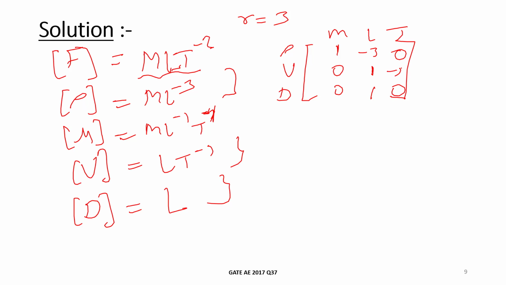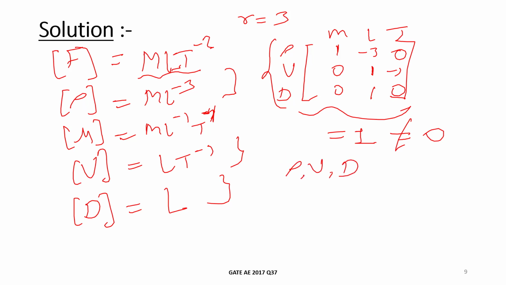So we write a matrix of all the powers of M, L, and T for all the three variables which we are choosing. If we find the determinant of this matrix, it will be equal to 1. If this determinant is non-zero, then all the variables which we have chosen are independent of each other, and we can choose these as the repeating variables.